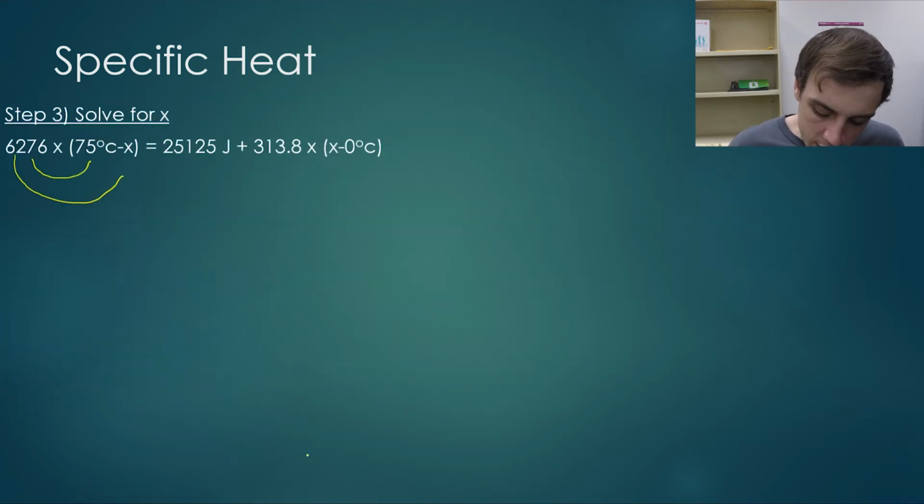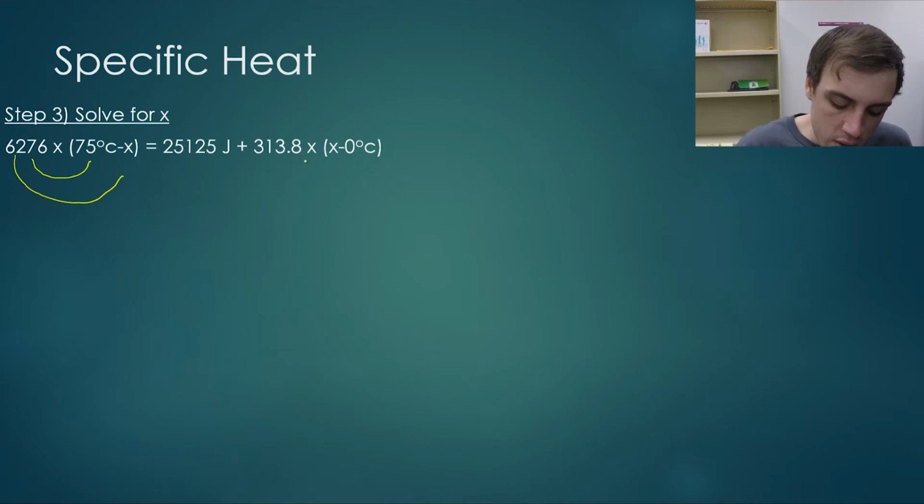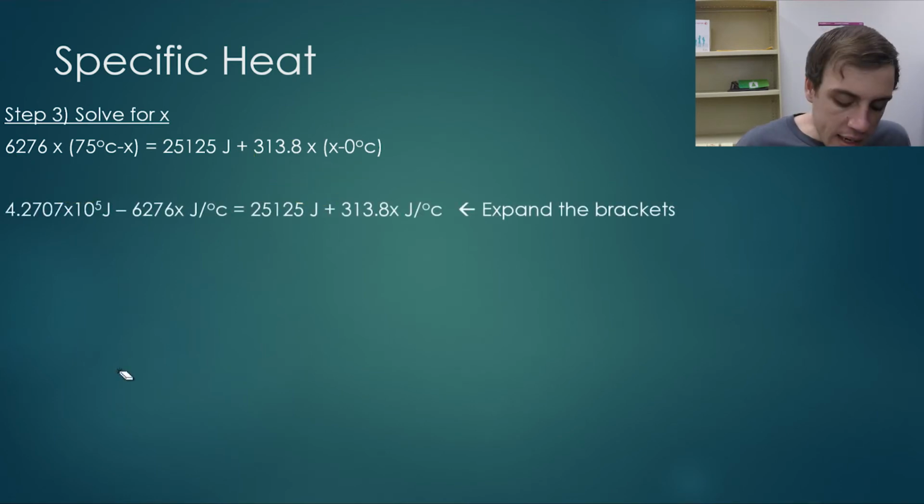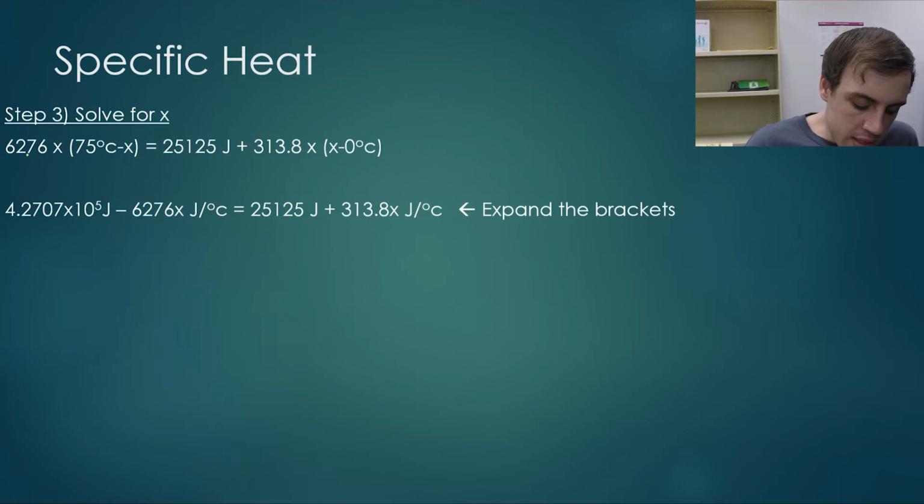And then we have our 313.8. We need to times that by X, and then we need to times that by negative 0, because we've got the subtraction sign there. Now, 6,276 times 75 is 4.27 times 10 to the 5.